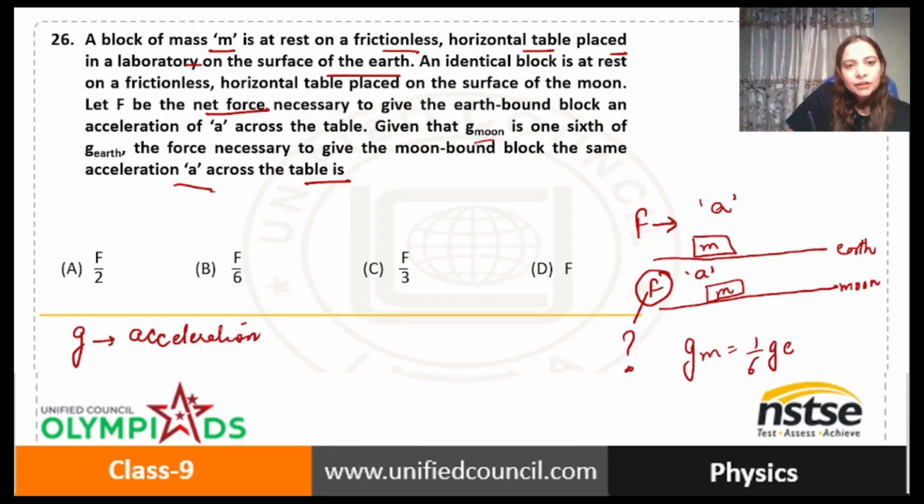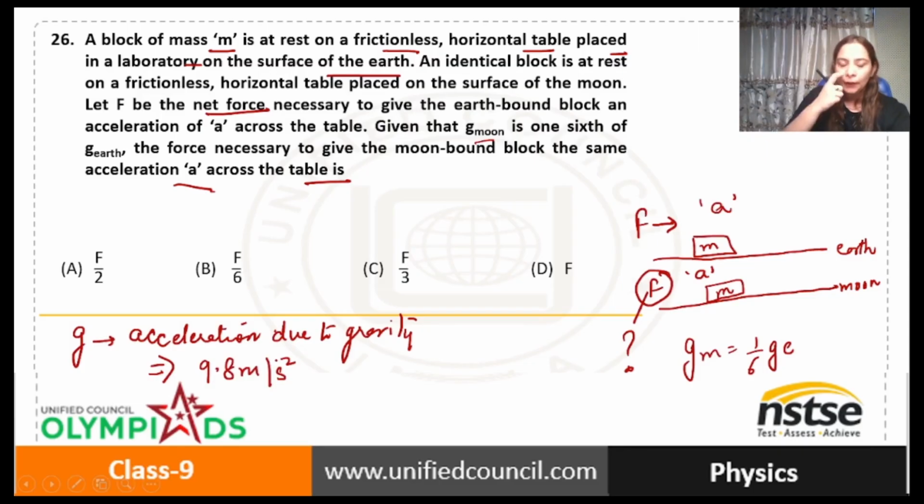What is g? g represents acceleration due to gravity. And we know that acceleration due to gravity is the same on the surface of a particular planet. Like if you take the value on the earth, it comes out to be 9.8 meter per second square. So whatever things are freely falling towards the earth, the acceleration produced in them due to gravity is 9.8 meter per second square, and it is irrespective of the mass of the body.